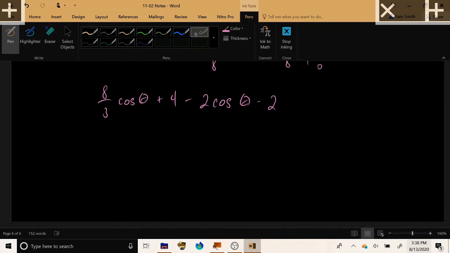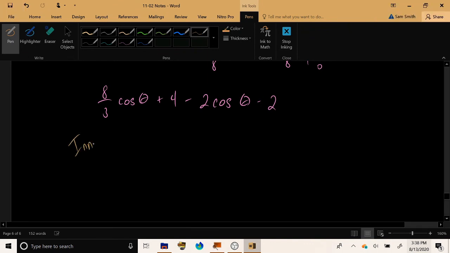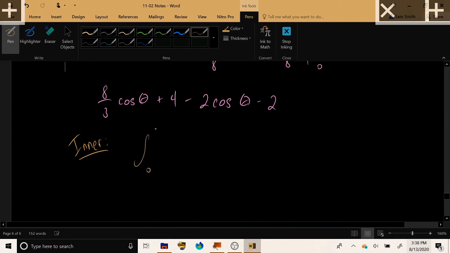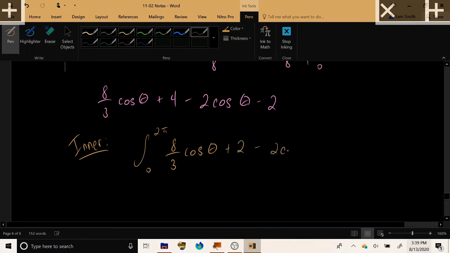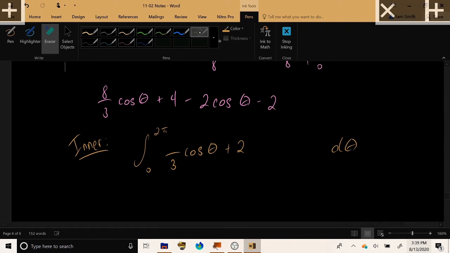And finally, we've made our way to the outer integral, where we have the integral from 0 to 2 pi of the result of the previous step, cosine theta, plus 4 minus 2, so I'll just go ahead and combine that to plus 2, minus 2 cos theta. I suppose I could even combine these cosine terms. 8/3 minus 2, 8/3 minus 6/3 would be 2/3. So I'm just simplifying a little bit more.